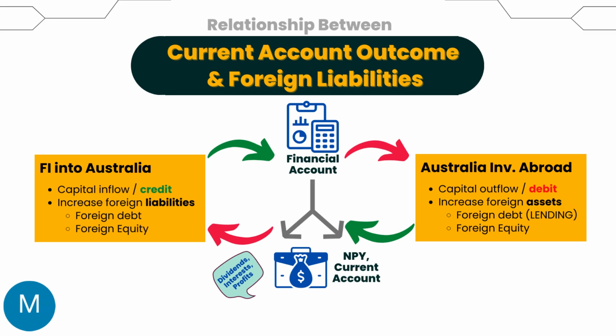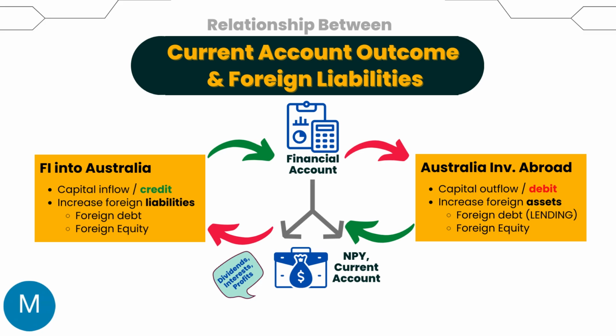When Australians take money out to invest abroad, it is a capital outflow which will be debited from the capital and financial account, and it will in return increase the foreign assets, which will be credited into the MPY account.